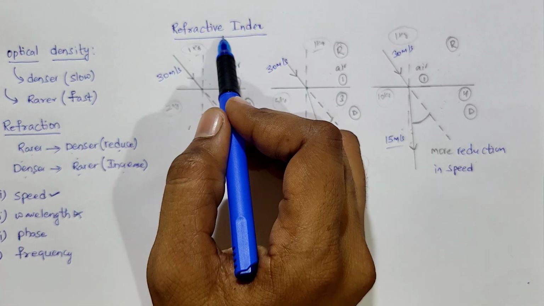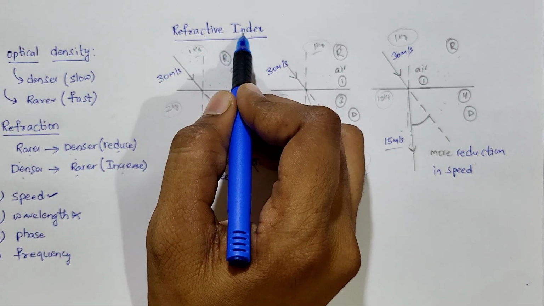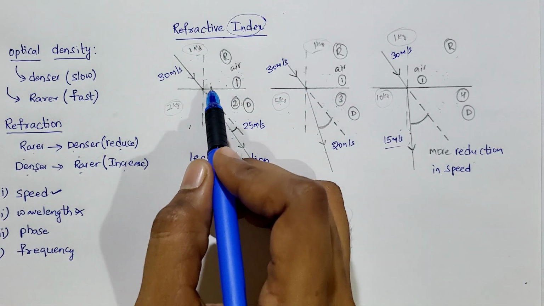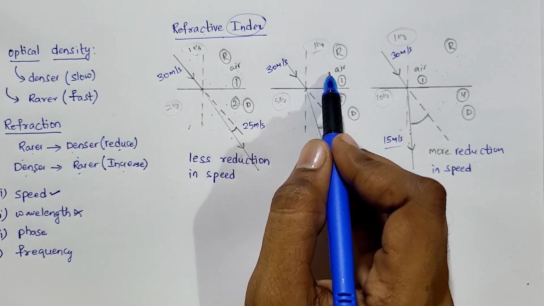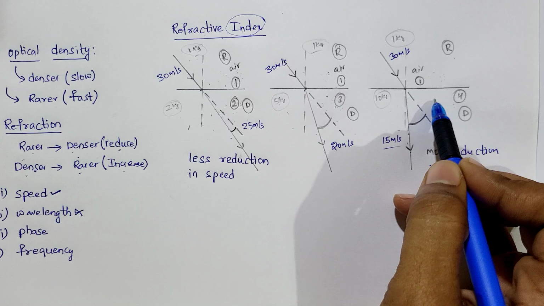Now comes our concept, refractive index. Refractive index means index of the refraction. Here also refraction happened, rarer to denser only. Here also, rarer to denser only. Here also, rarer to denser only.